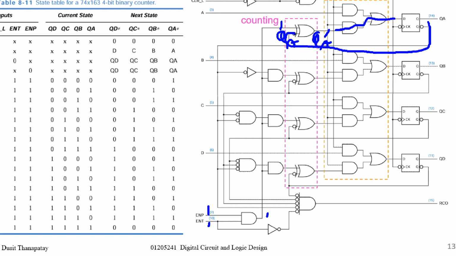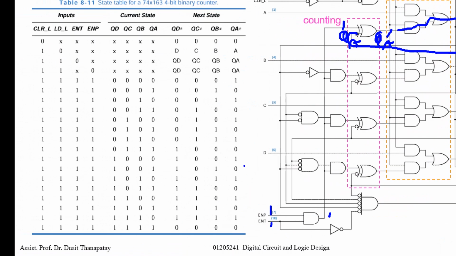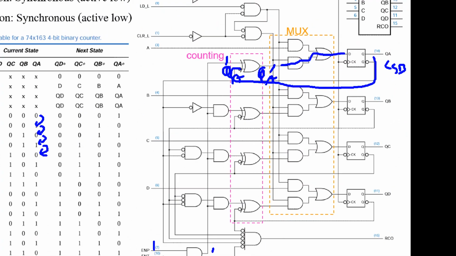The toggled value of QA is fed to the input of the D flip-flop. Then when the clock ticks, QA will be updated with the opposite value of itself. So it's toggle. QA is the LSB, right? For the LSB, it will toggle for every clock tick. Change 1 to 0, 0 to 1 for every clock tick.